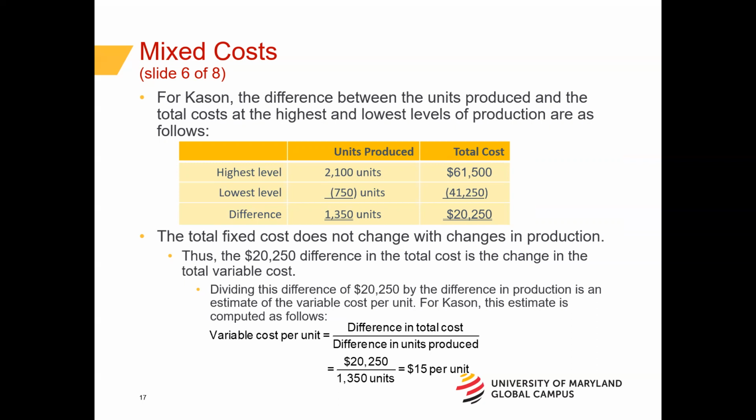To find the variable cost per unit, we take the difference in total cost divided by the difference in the units produced. So the difference in total cost in our example is $20,250 divided by the difference in units produced, which is 1,350, gives us a variable cost per unit of $15 per unit.